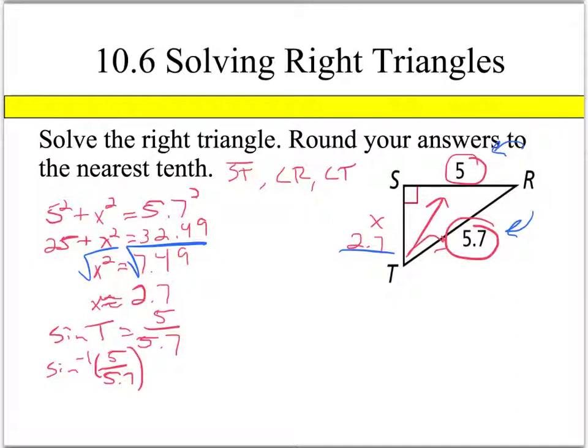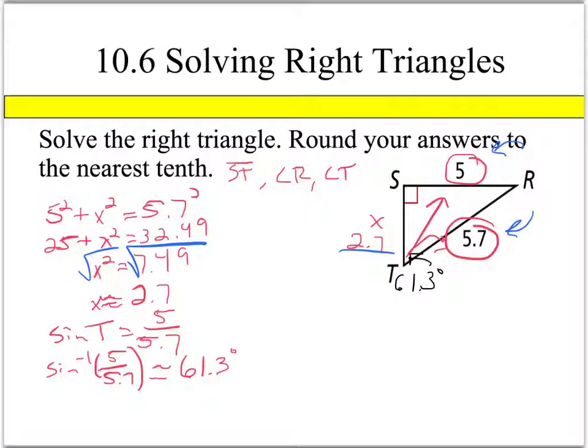I might as well use the exact numbers to find my exact answer. So roughly, if I took the inverse sine of 5 over 5.7, I will come up with 61.3 degrees. So the angle measure of T is 61.3 degrees.